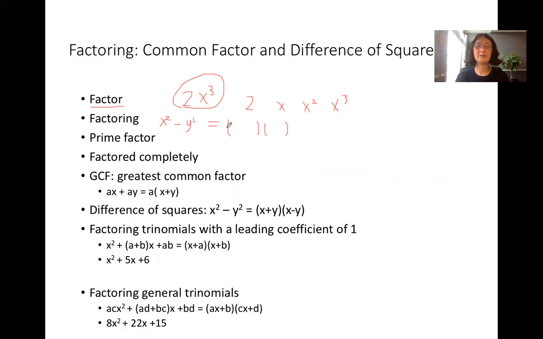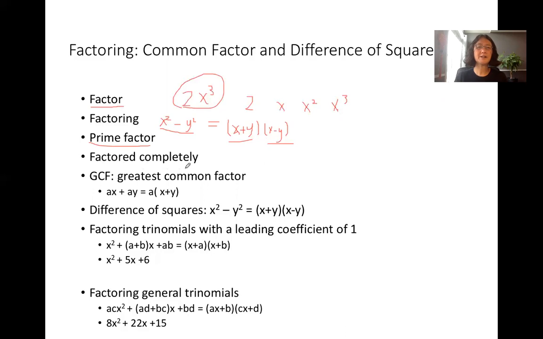From the formula we just learned, it is equal to x plus y multiplied by x minus y. So I already did factorization for this one. Prime factor means you cannot further reduce the factor. So this is a prime factor, this is a prime factor, because you cannot further reduce.